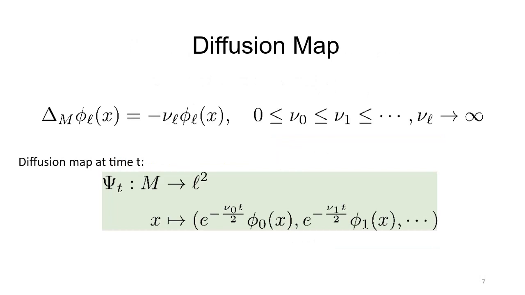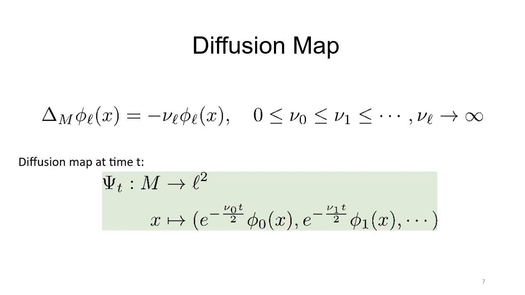Remember we talked about the diffusion map on a manifold. And from the theory, we can see that phi0 is always a trivial eigenfunction. So if now I use the image data set that I have and compute eigenvalues and eigenfunctions, I'm going to use phi1, the first non-trivial eigenfunction, and its associated eigenvalue, e to the minus nu1 t over 2.